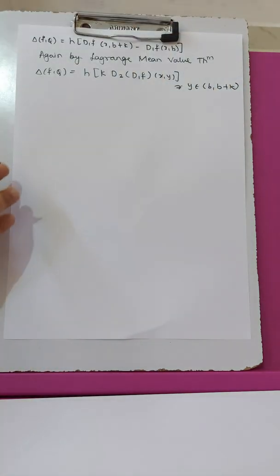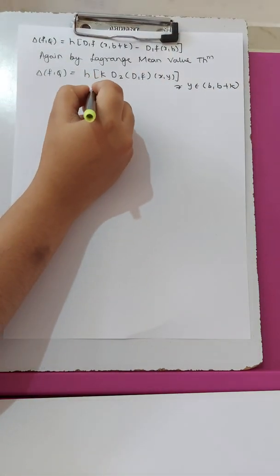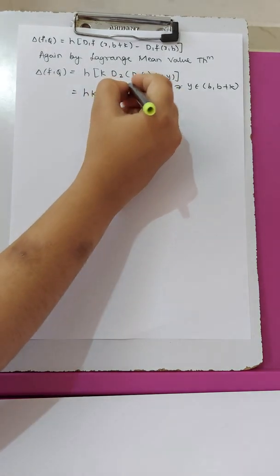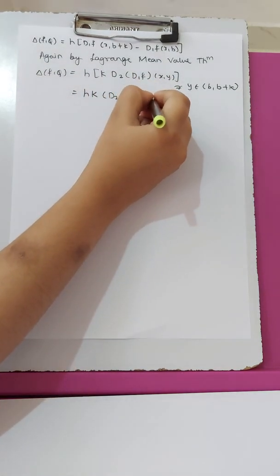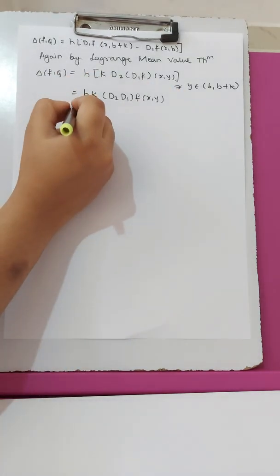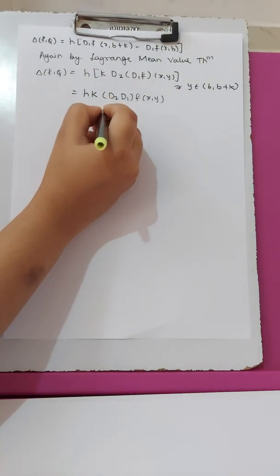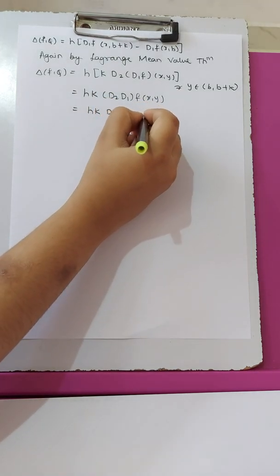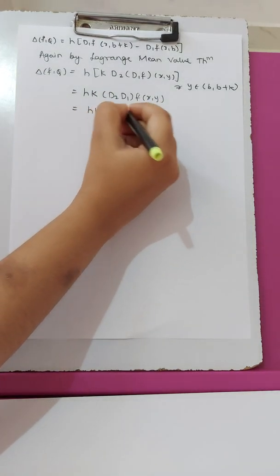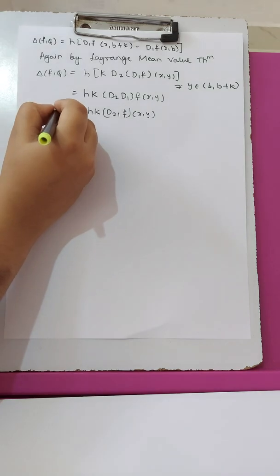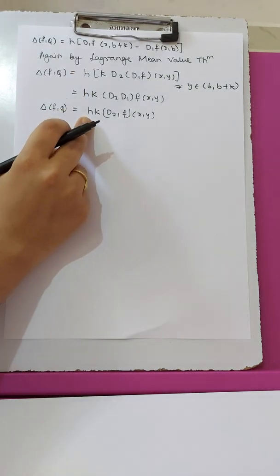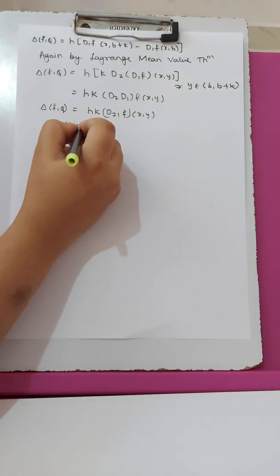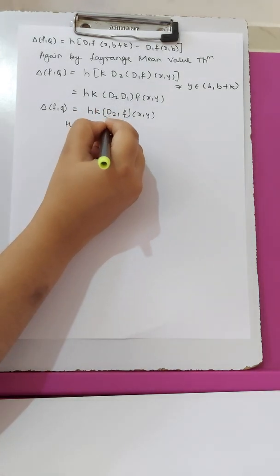So from this we get h k D2 D1 f(x, y), which is equal to h k D21 f(x, y). That is, delta f(Q) equals h k D21 f(x, y), which was the required result, and hence the theorem is proved.